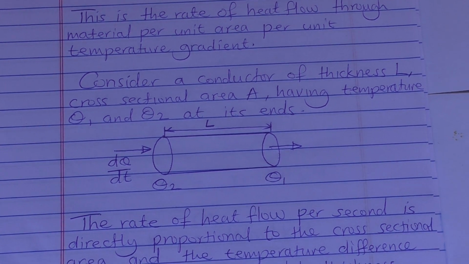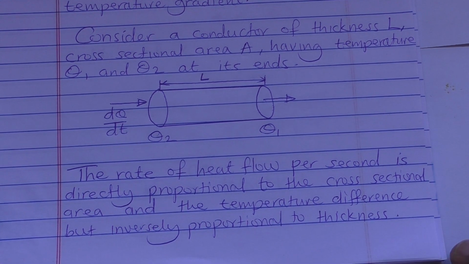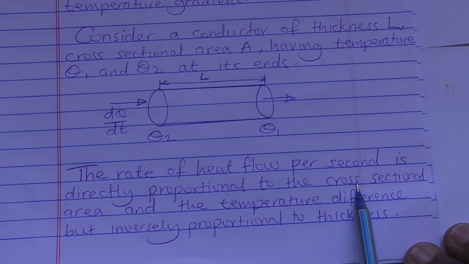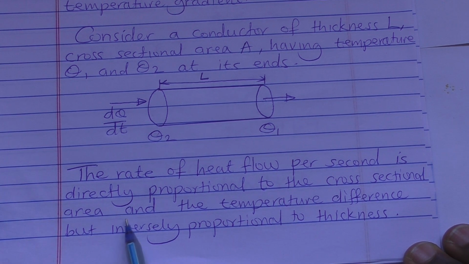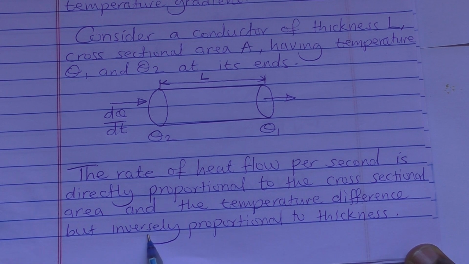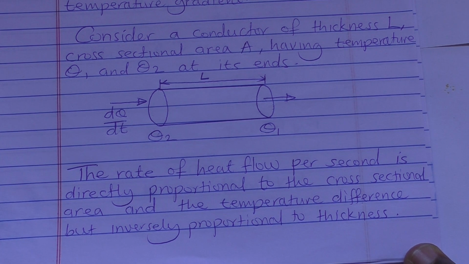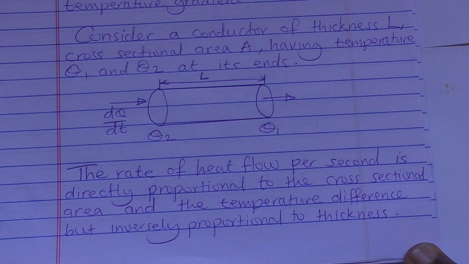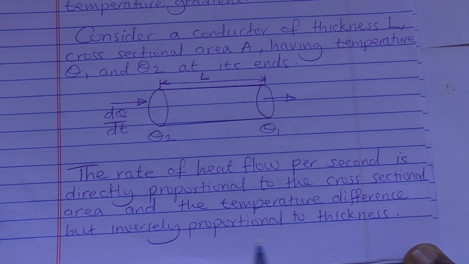So the rate of heat flow per second is directly proportional to the cross-sectional area A of the conductor, and also directly proportional to the temperature difference across the ends of the conductor. But it's inversely proportional to the thickness of the conductor. That brings us to the factors that affect the rate of heat transfer through a conductor.